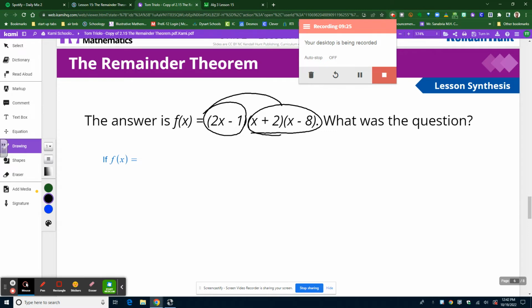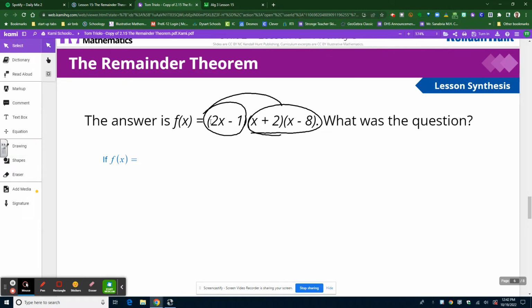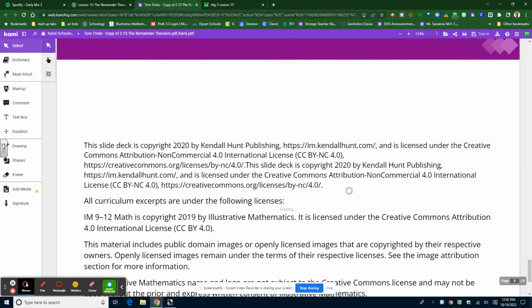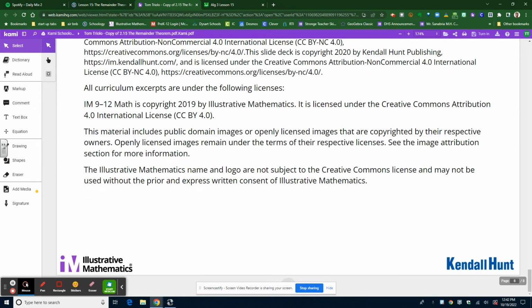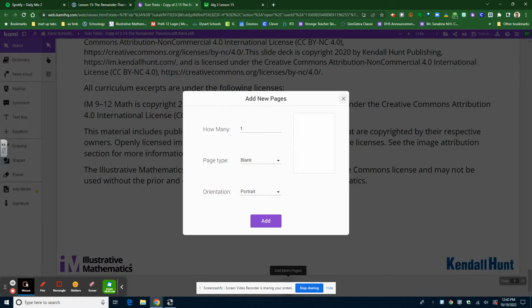So I'm going to put this on a blank. We can just add a page. Little copy action. Go to the end because we want some space, and let's add a couple pages.